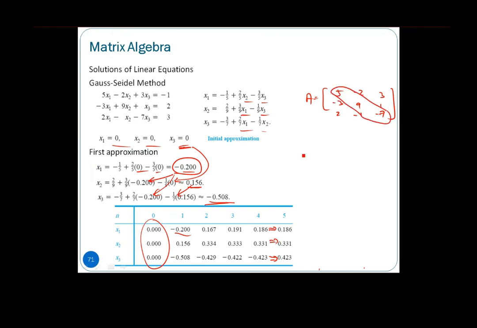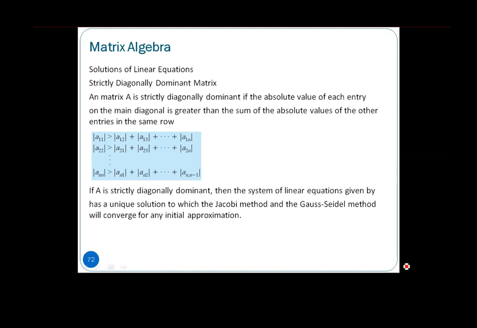Your 5 in absolute value has to be greater than 2 and 3. So 5 is greater than 2 and 3. And 9 is greater than 3 and 1. And 7 is greater than 2 and 1. That is what we call a strictly diagonally dominant matrix.